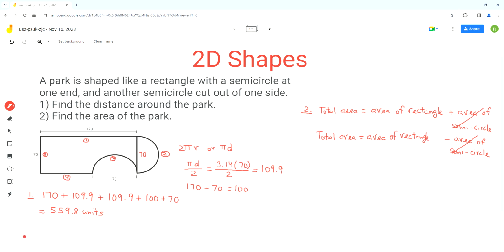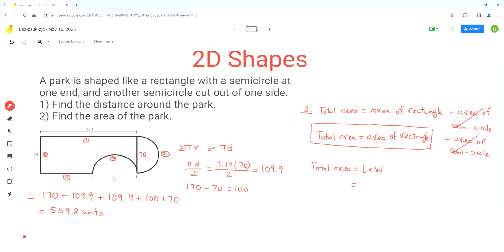There is a very important concept we need to understand about this problem. Since the two semicircles have the same area, adding one semicircle and then taking away another semicircle from the rectangle doesn't change the area of the park from the area of the rectangle. So now we can calculate the total area. It will be equal to the area of the rectangle, and the formula for that is length times width.